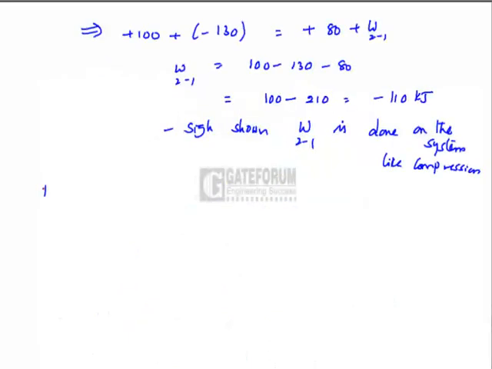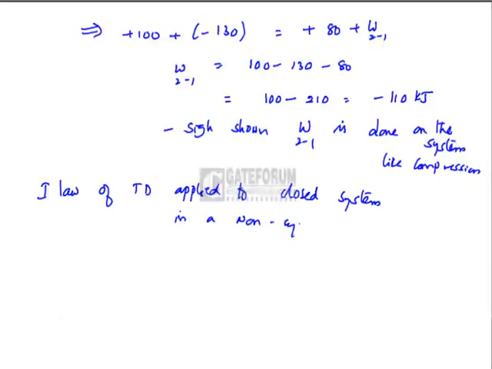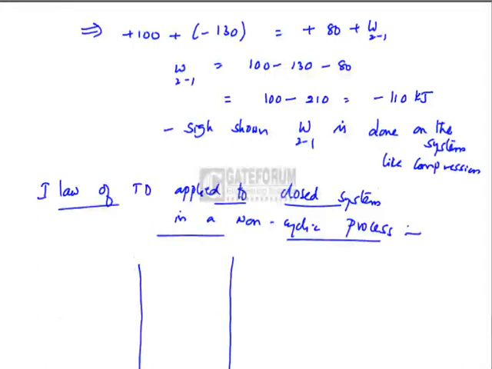Then coming to the second module, first law of thermodynamics applied to a closed system in a non-cyclic process. Consider a closed system, that is a gas entrapped in a piston cylinder arrangement.